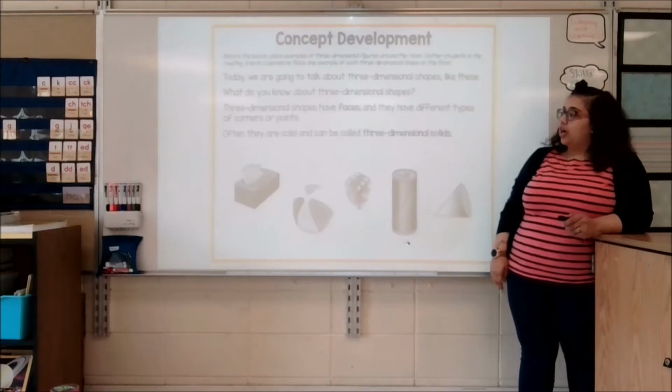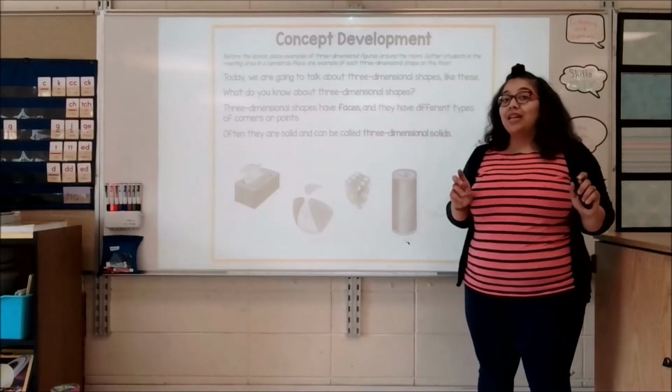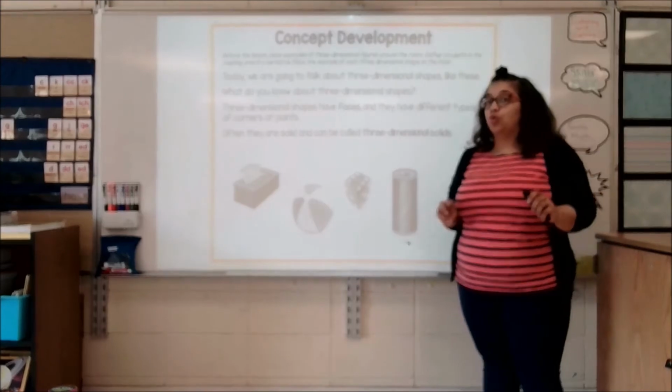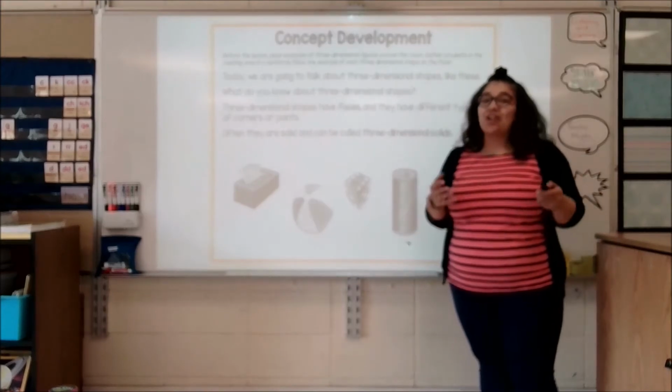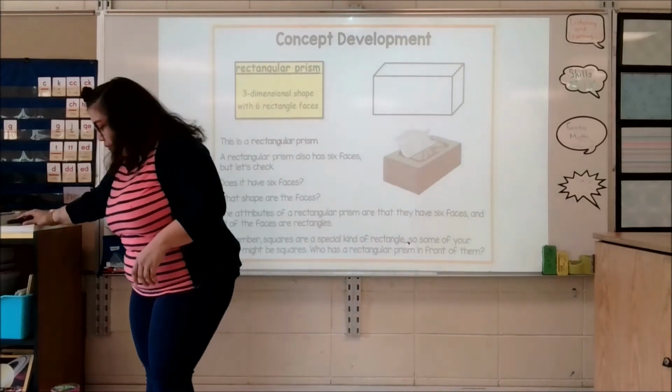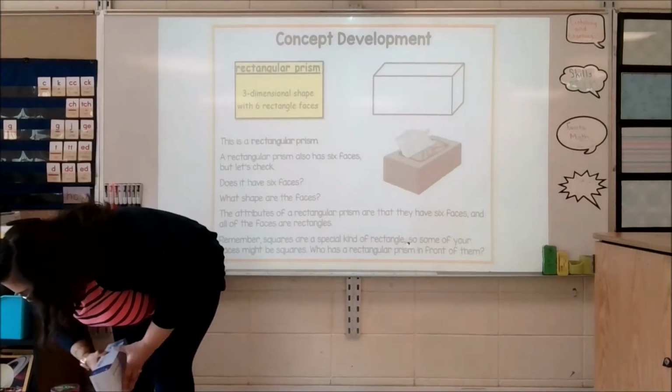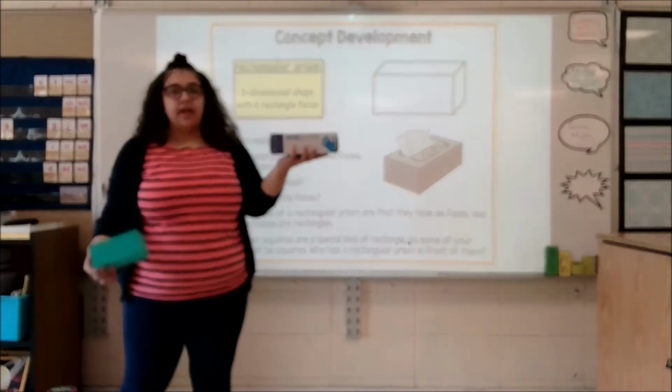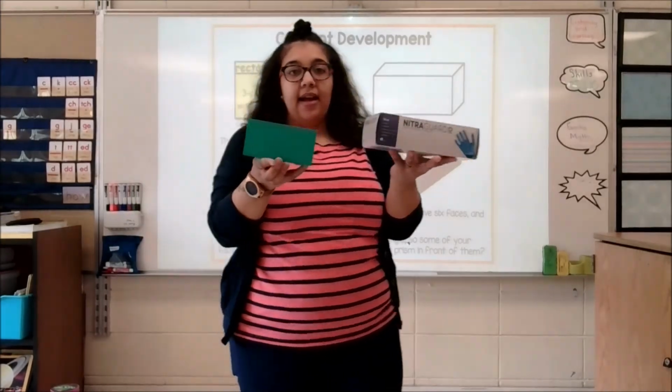But what we're going to actually talk about today is 3-dimensional shapes. So basically this means our solid shapes, the ones that are not flat. For example, a rectangular prism, like this box of tissues, or this block I have here.